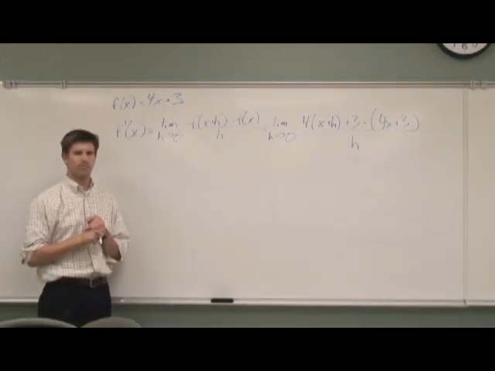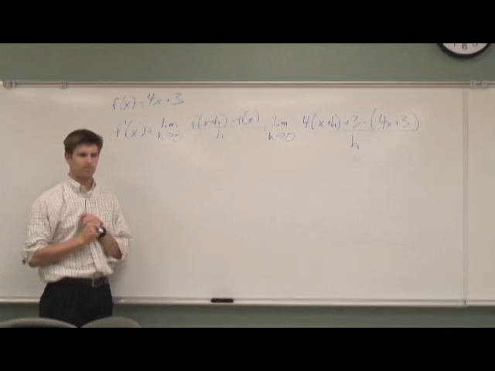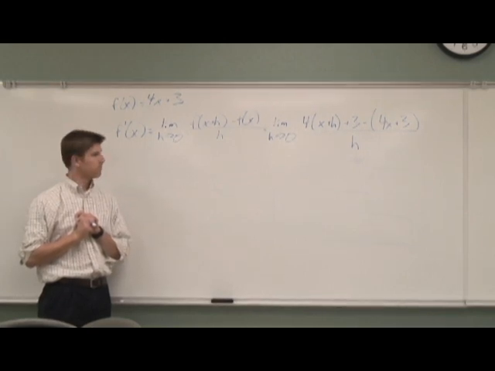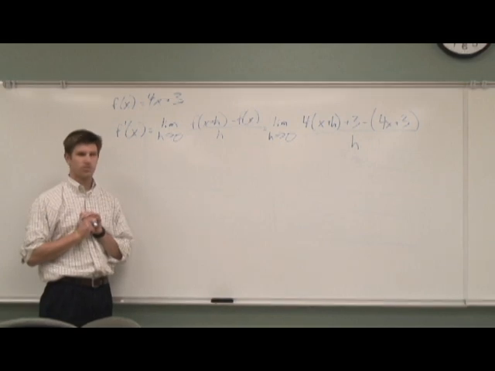What should we do there? I don't know, because we can't put 0 in for h. We can't put 0 in for h.